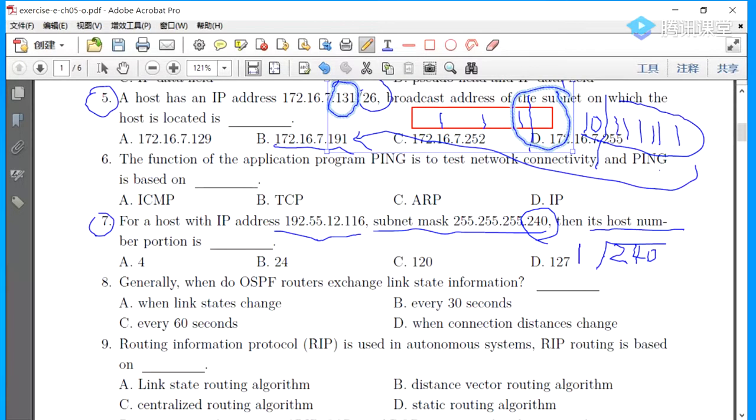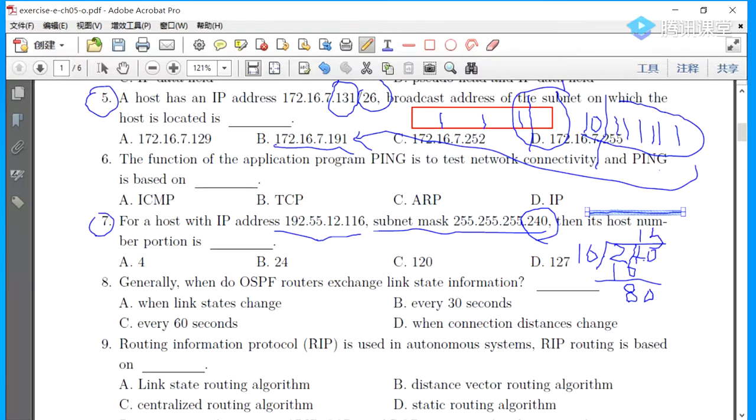For example, you can divide by 16, here is a 1, here is a 1, here's a 1. 16, 8, remainder 8, 80.